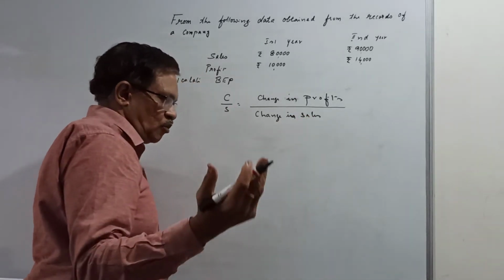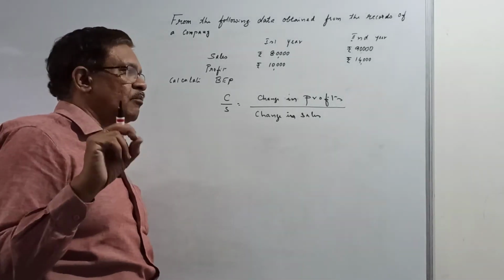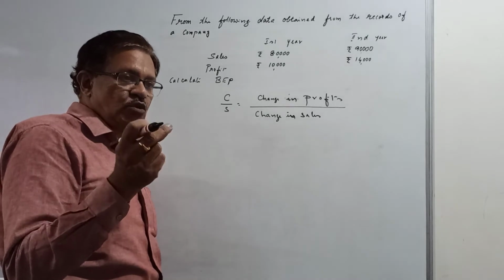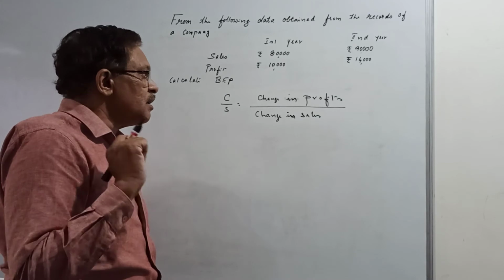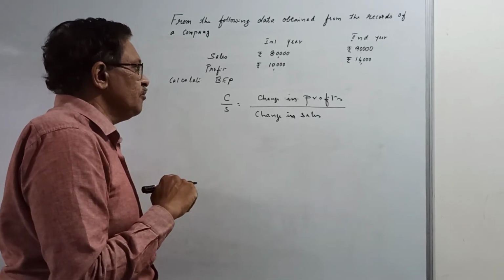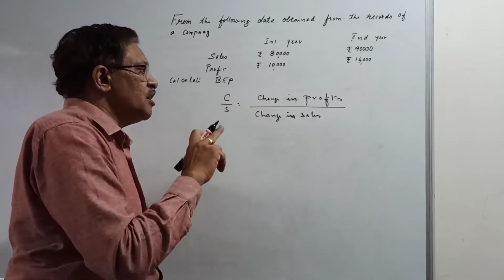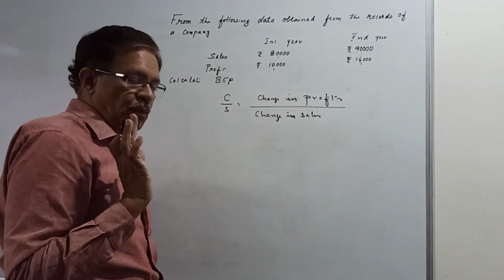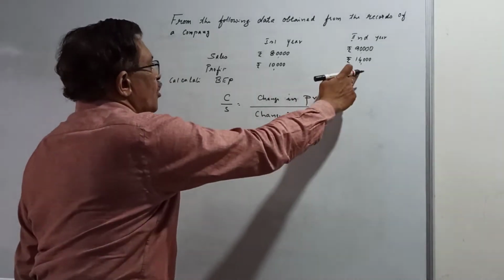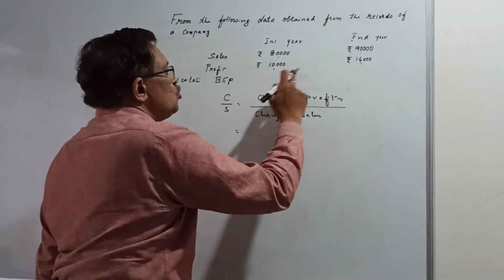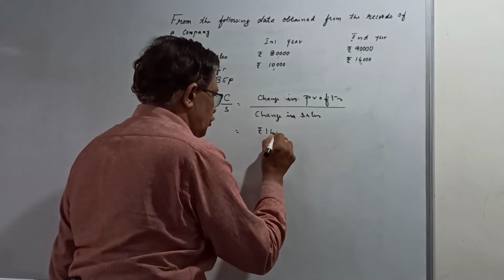Unlike the formula which we are using, wherein the C by S ratio can be found out by taking S minus V divided by S, that is sales minus variable cost divided by sales, here in this particular formula we are taking change in profits divided by change in sales to get C by S ratio. Here, the change in profits can be found out by taking the difference between these two figures. In the second year we got 14,000 as a profit.